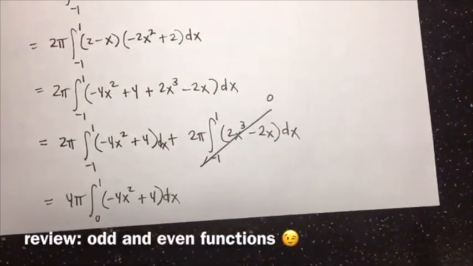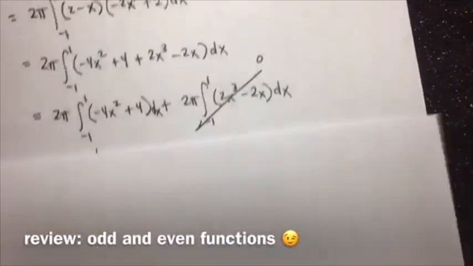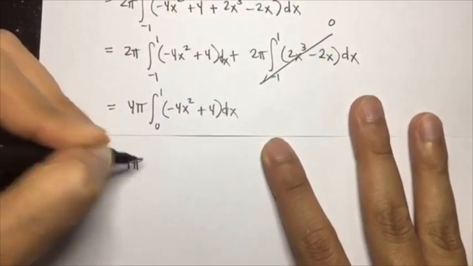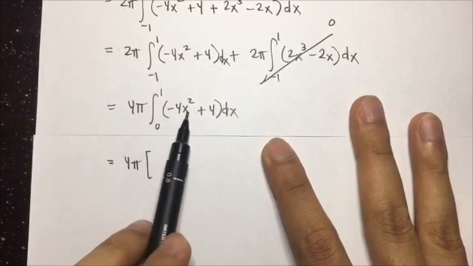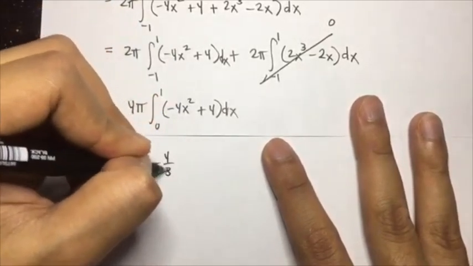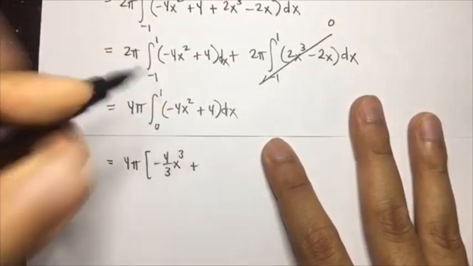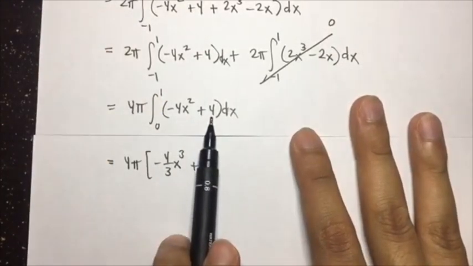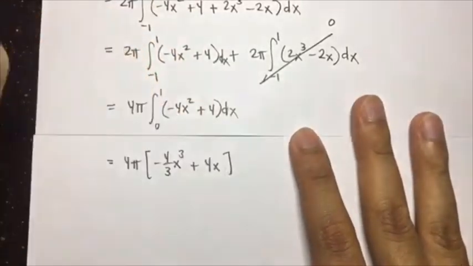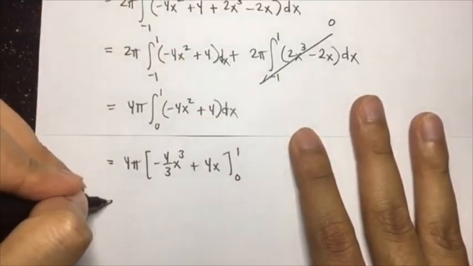Applying the power formula in integration, this is simply 4 pi integral of -4x squared, so that is -4 over 3 x cubed plus 4x, from 0 to 1.